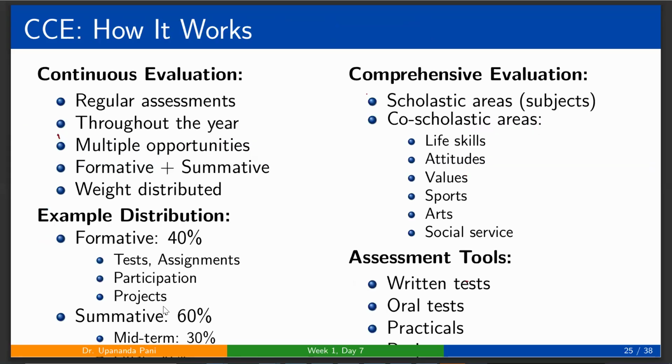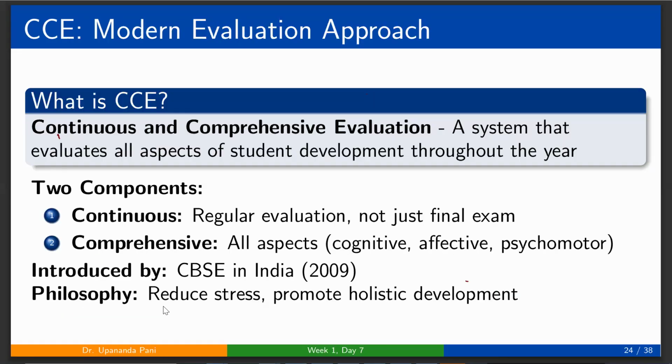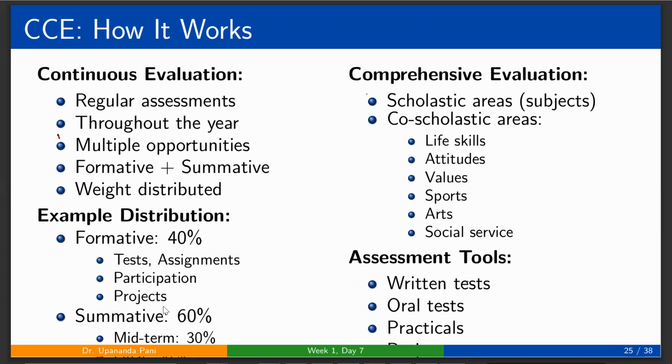Now let's go deeper into CCE, continuous and comprehensive evaluation. Let's try to understand how it works. Continuous evaluation is regular assessment, happening throughout the year with multiple opportunities. So it is formative as well as summative, with weight distributed.